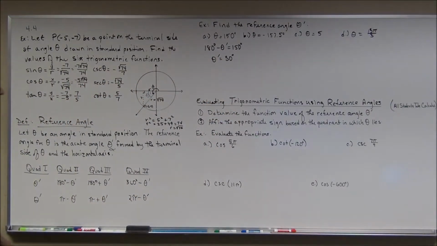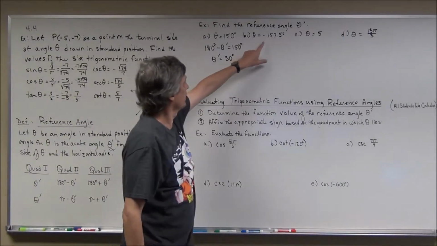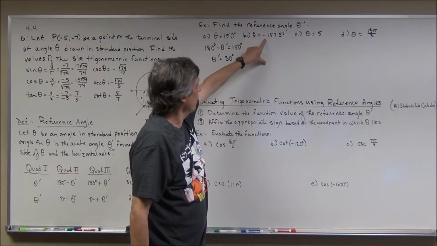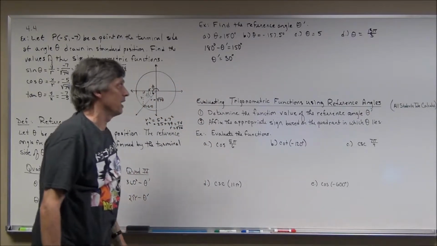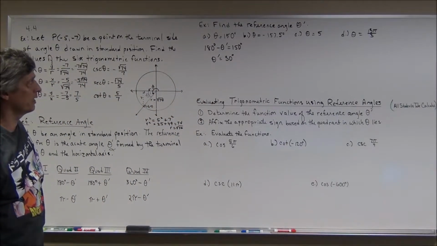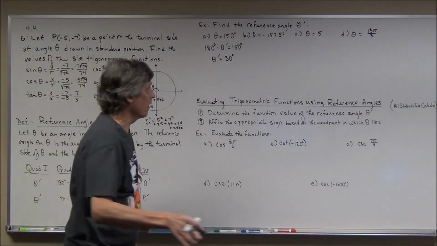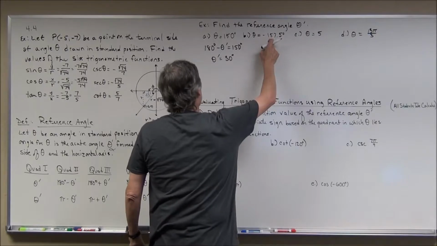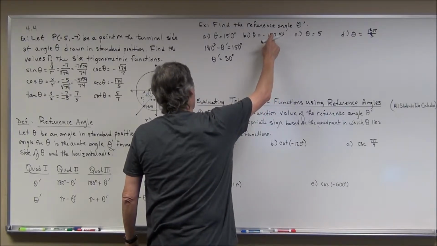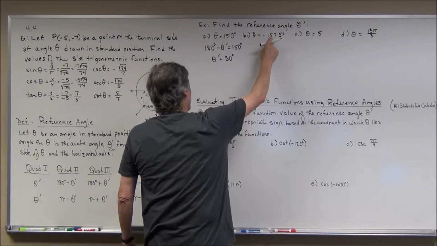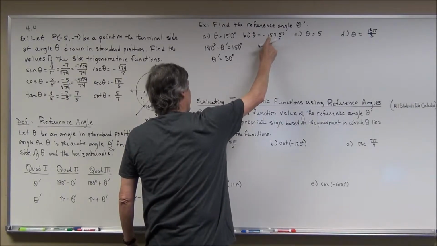Now in this next example, kind of similar looking because it's in degrees, but notice it is a negative angle. Now when I'm finding reference angles, I find it a lot easier if I am working with a positive angle between 0 and 360, or between 0 and 2 pi. So I'm going to rewrite this by finding a coterminal angle. It's not going to be the same as theta, but it's going to be the same as far as finding the reference angle.